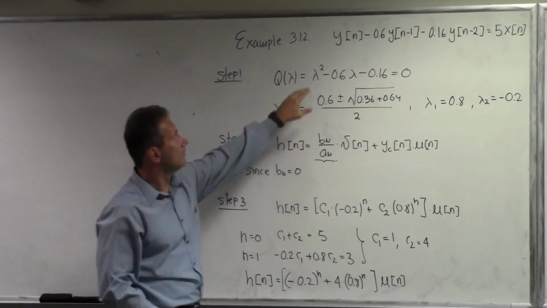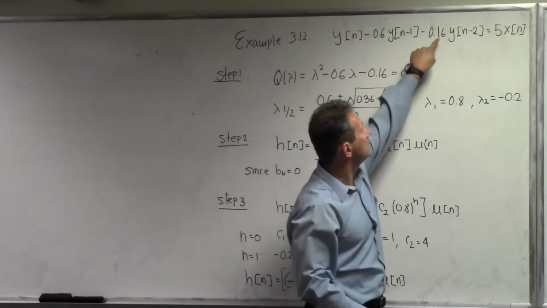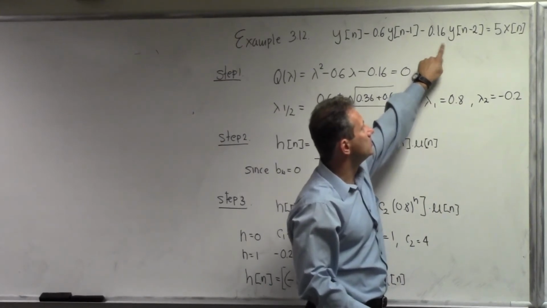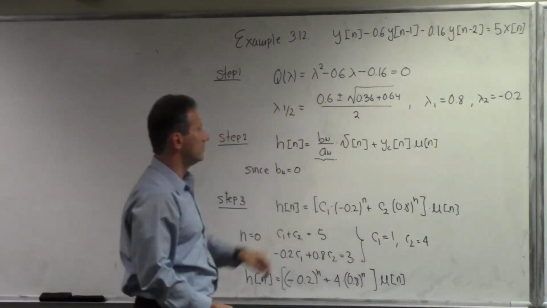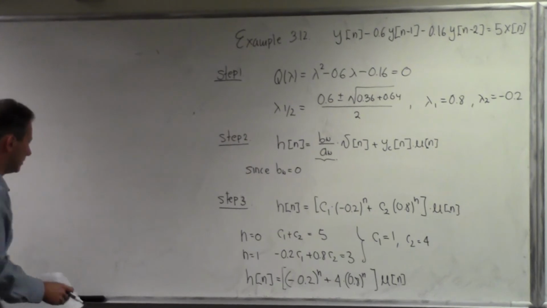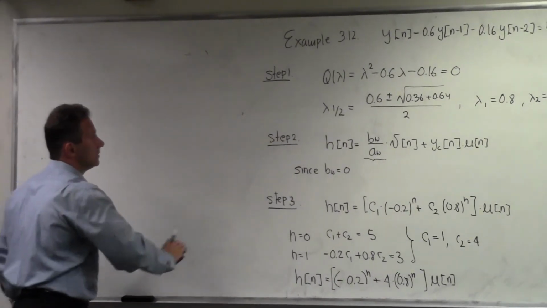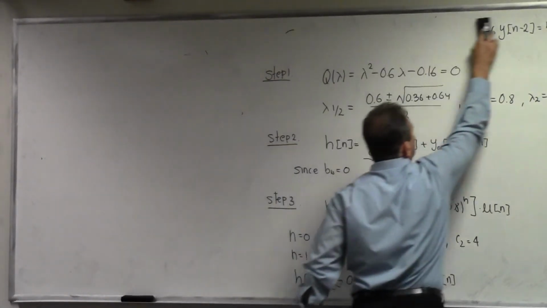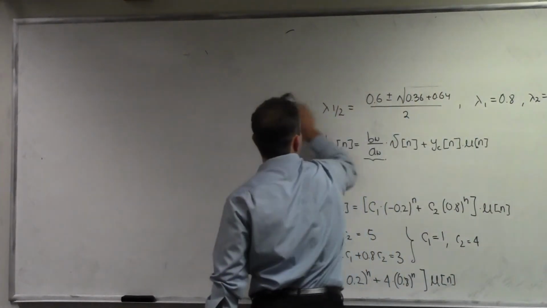In other words, looking at this equation here, this guy needs to be different than 0 for this to even be applicable, so that you can use that. So let's take a look at an example where that's not the case.